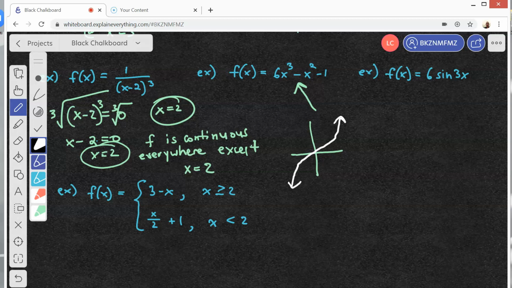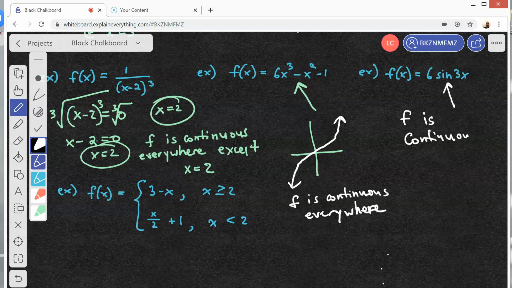So in that example, we say f is continuous everywhere. Alright, and in the third example, 6 sine 3x, this trig function is continuous. You could graph it on your graphing calculator. You'll see that it's a sine wave, a sine curve. F is continuous. Alright.